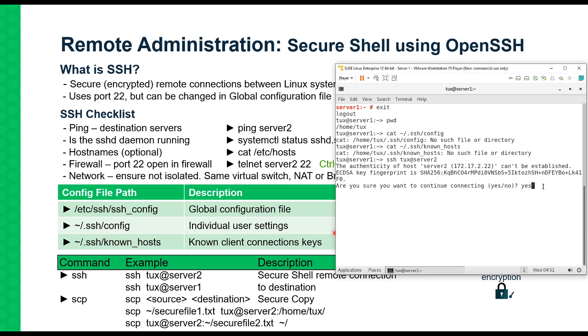So let's go and enter yes. So warning, permanently added server 2 to the list of known hosts, and we'll go to Linux, and now we have connected to server 2, and it's Tux at server 2 that we are right now.